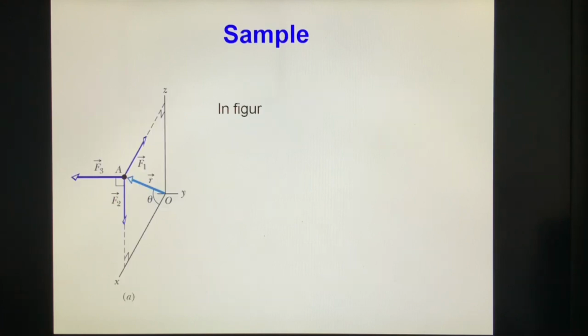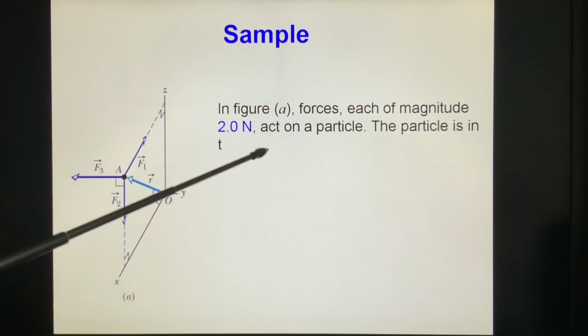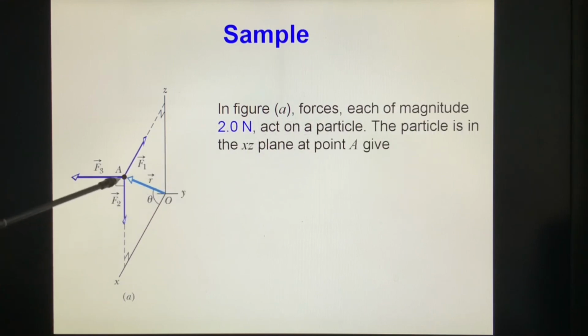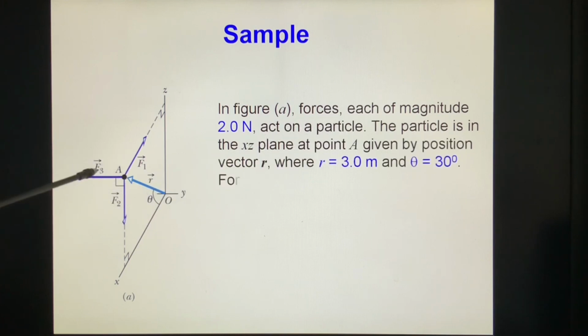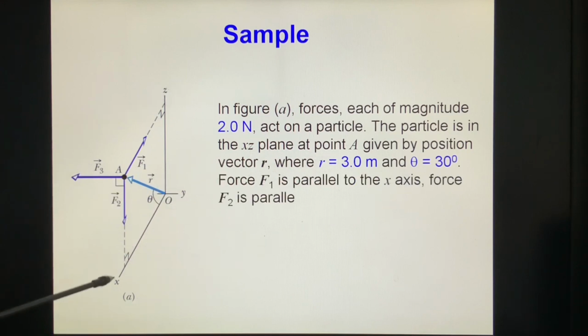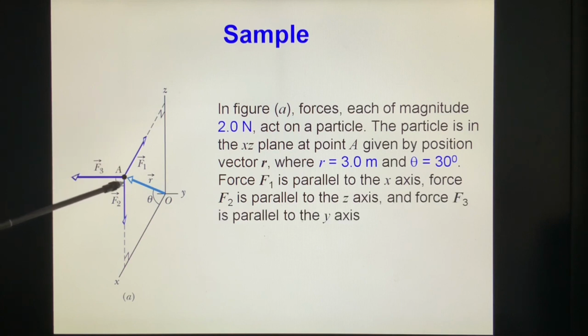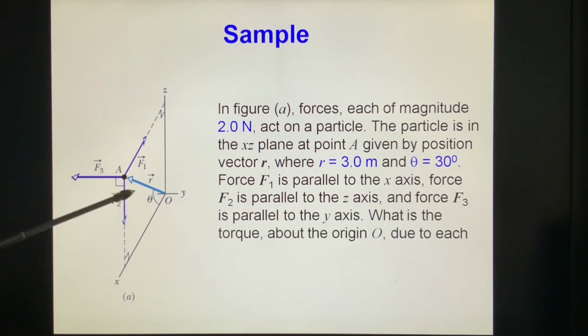Sample. In figure A, forces each of magnitude 2.0 Newton act on a particle. You have three forces, F1, F2, F3. The particle is in the XZ plane at point A, given by position R, where R is 3.0 meter and theta is 30 degrees.